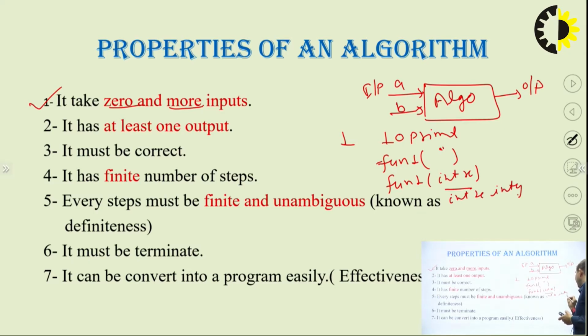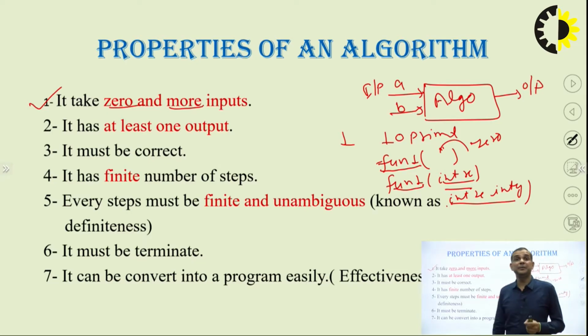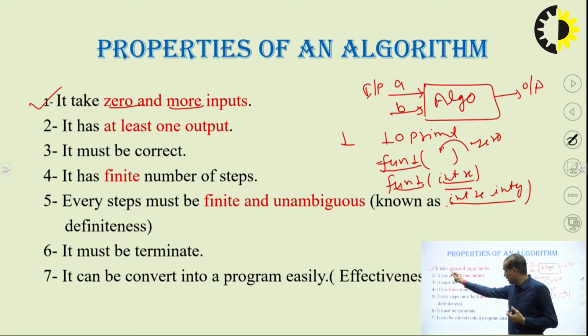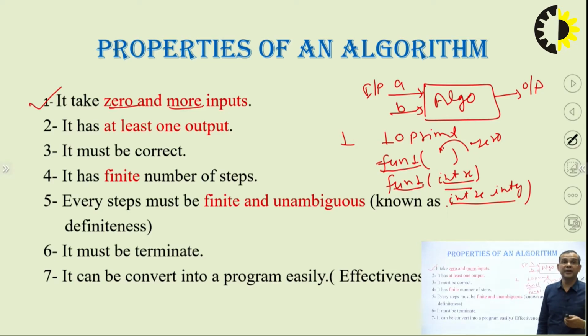So we are using a function named function1 which has 0 arguments, 0 inputs. Similarly, we can say we are using function1 with 1 input, and function1 with 2 inputs. So when we give input, it may be 0 or more. The first main point is that the input is 0 or more.